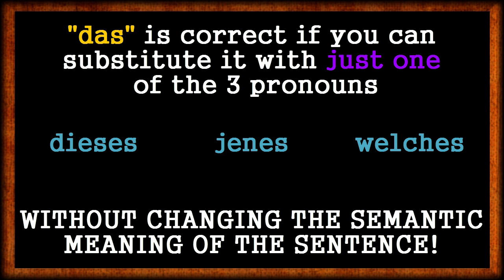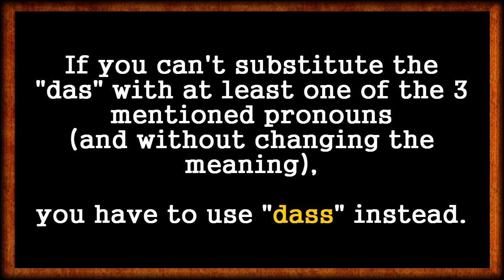In this case, it is still a scenario with a possible substitution. And contrary to this, if the substitution isn't possible with any of these three pronouns I mentioned before, you have to use das with double S.